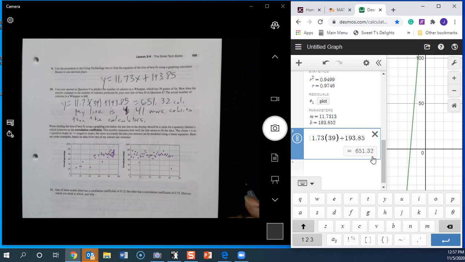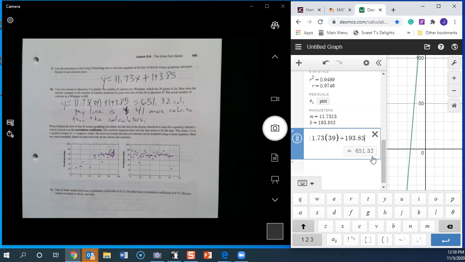So it says, when finding a line of best fit using a graphing calculator, the display should show a value for a quantity labeled R, which is known as the correlation coefficient. This number measures how well the line seems to fit the data. The closer R is to 1, positive slope, or -1, negative slope, the more accurately the data you enter can be modeled using a linear equation.